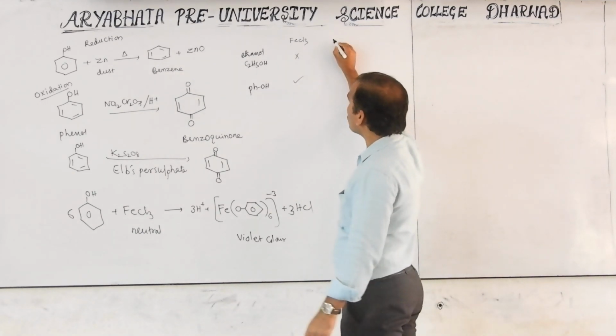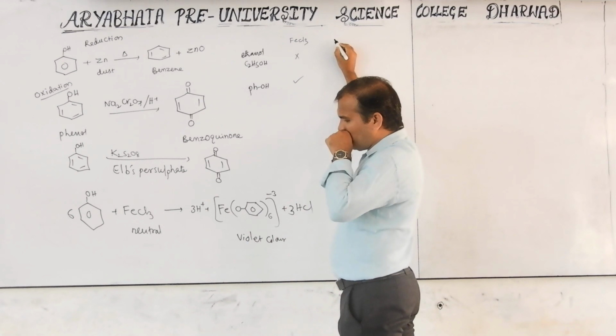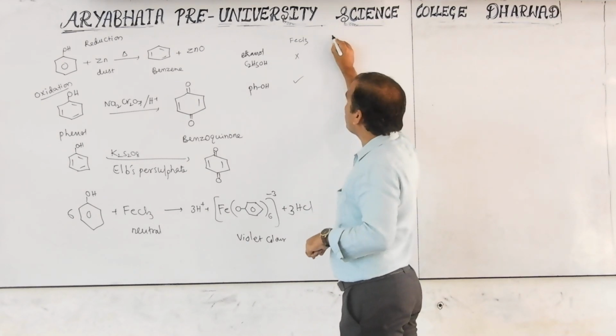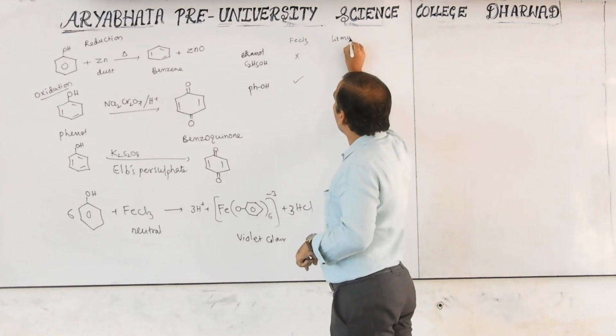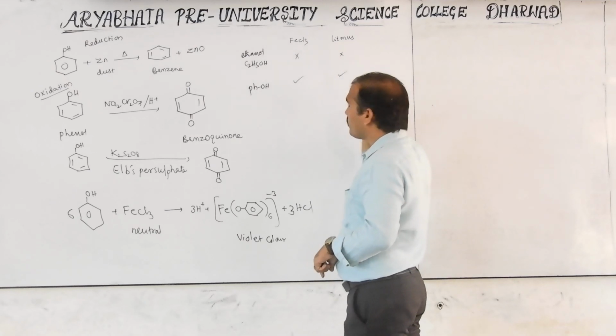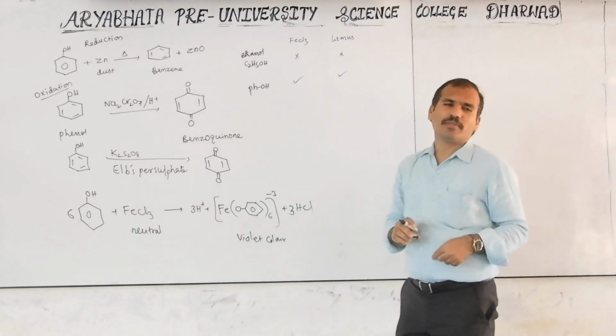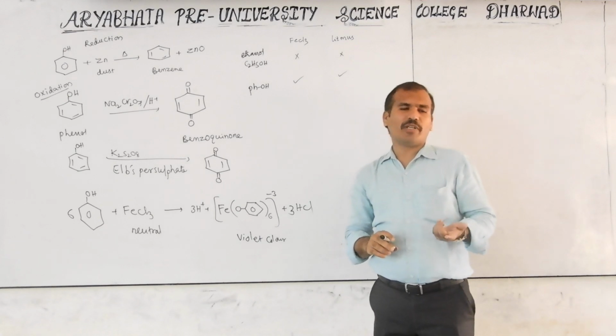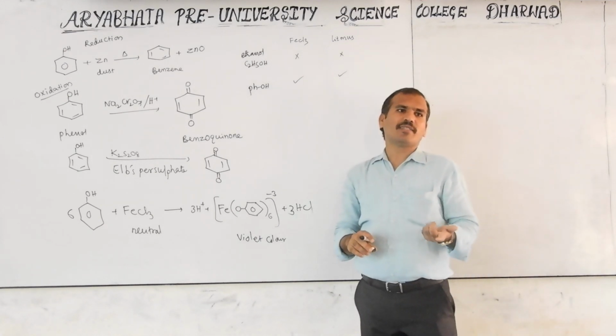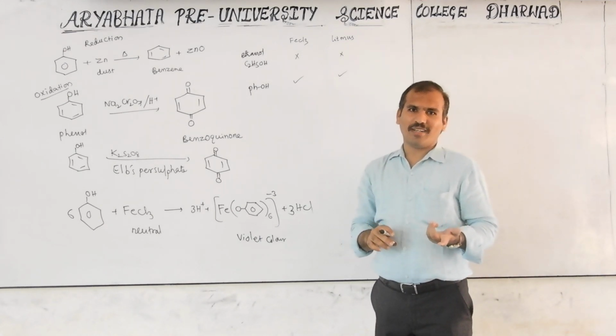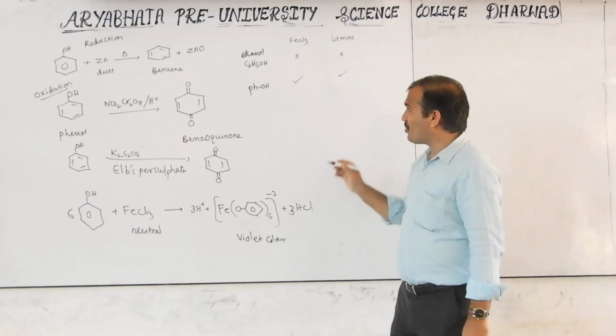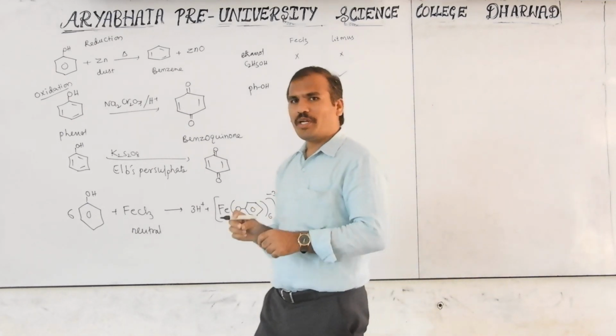Next is the litmus test. If a blue litmus is converted to red, that is called acid. You may know that, two litmus papers are there, red litmus paper and blue litmus paper.